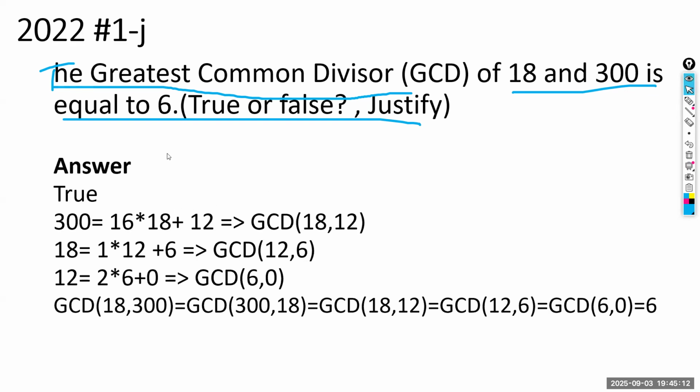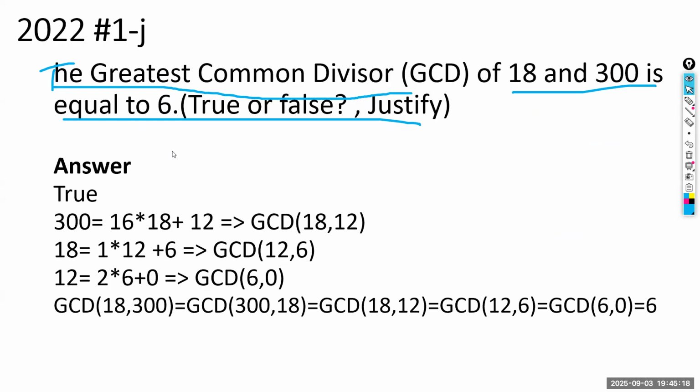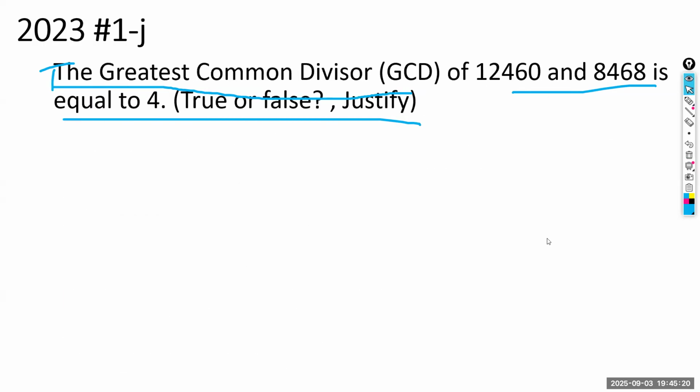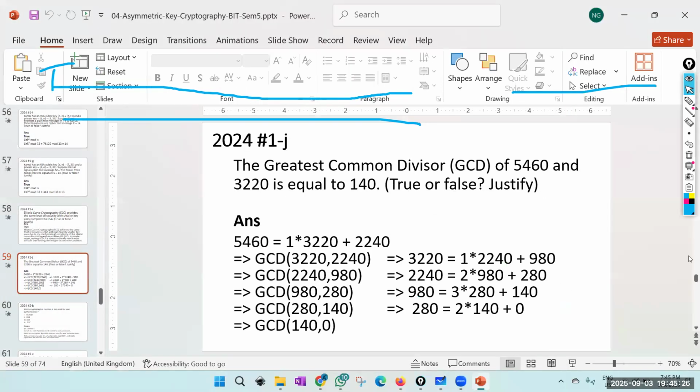And you will get the answer as 6. So in all the last 3 years, there's a GCD question, that means a Euclidean algorithm question.